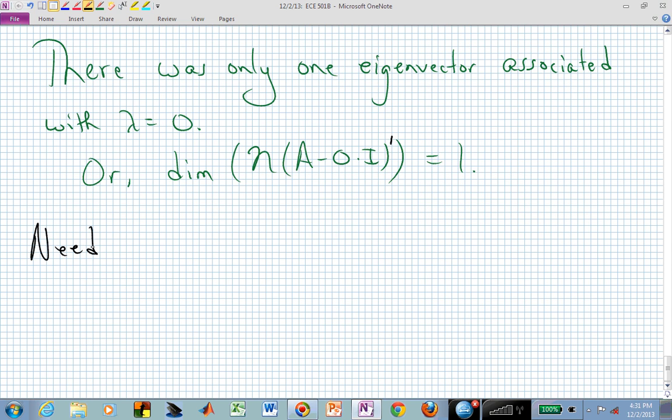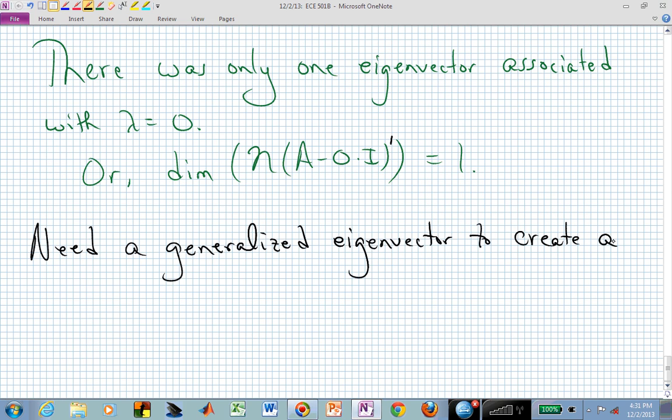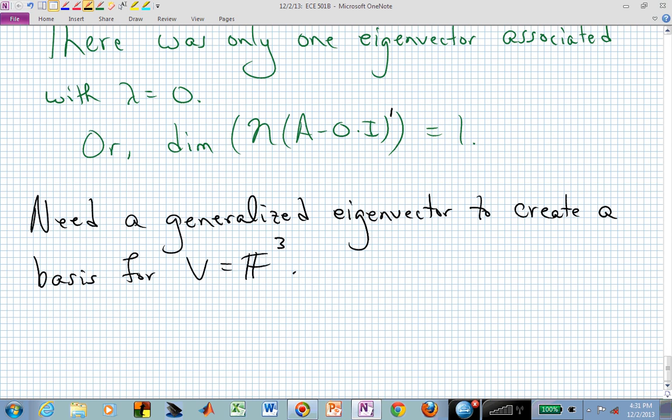Now, though, we need to generalize this concept of eigenvectors, and we need a generalized eigenvector in order to create a basis for V, which we haven't had to specify whether that is real or complex, so we'll just continue to call it F, F3.